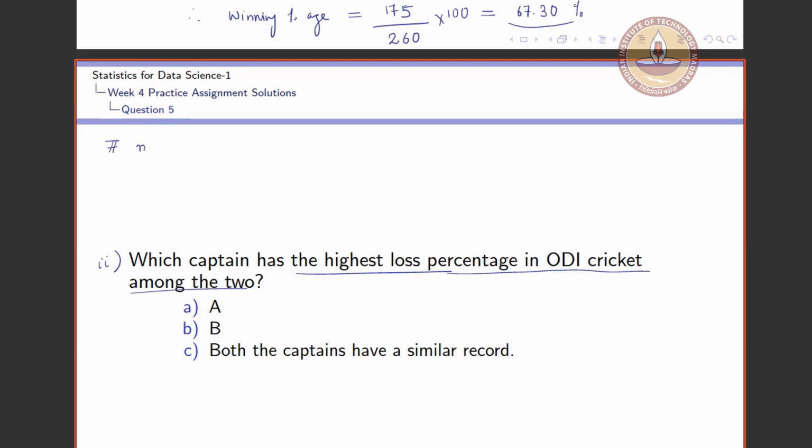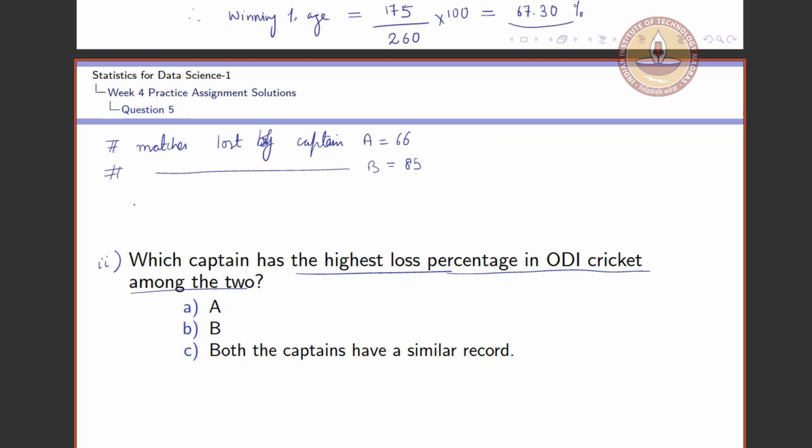The number of matches lost by Captain A is 66 and the number of matches lost by Captain B is 85.